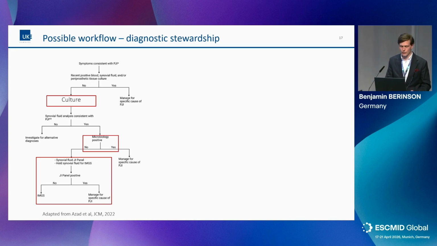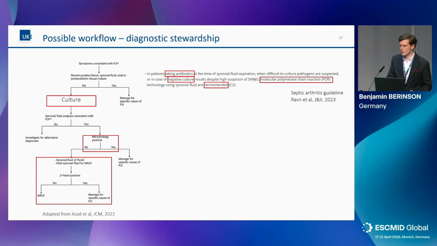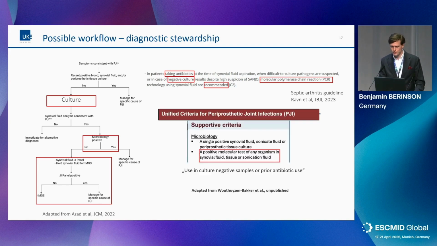So there are obviously different approaches, or even, mentioned here as the last line, metagenomic approaches. And interestingly, in a recent 2023 update of the septic arthritis guideline, it's also recommended to use molecular polymerase chain reactions in people taking antibiotics or where negative cultures are encountered with a high suspicion of joint infections.